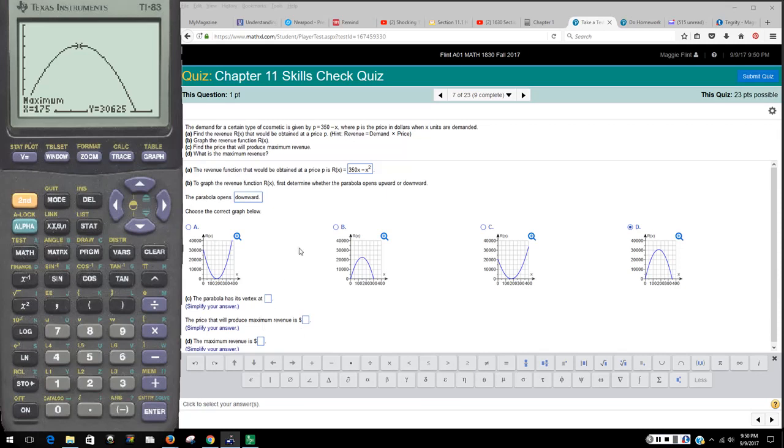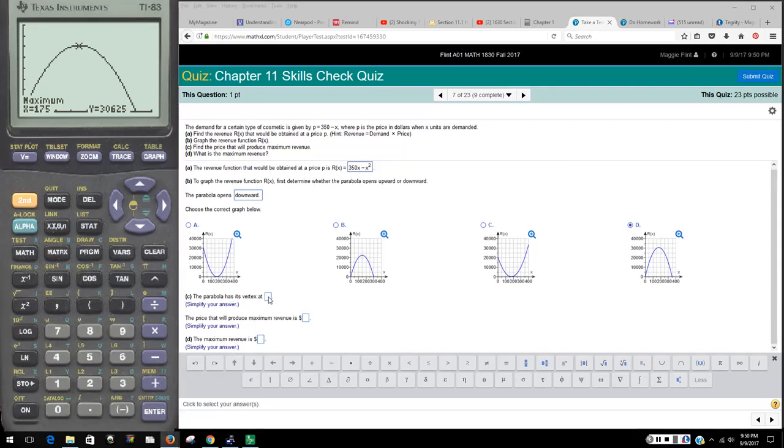And it's a good thing that we graphed it and looked, because the parabola has a vertex at, let's put in our point, 175, $30,625.